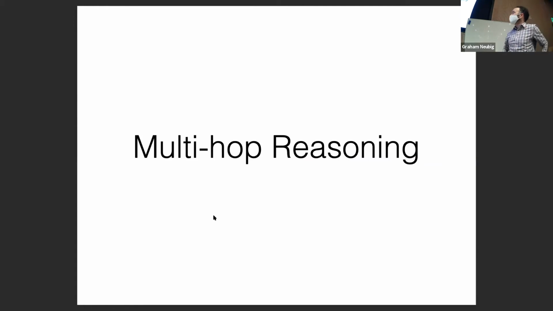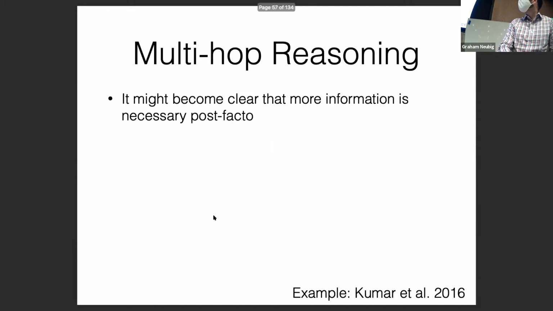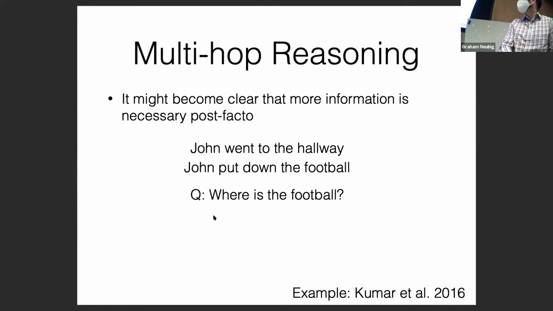Okay, so another big issue is multi-hop reasoning. Basically, after you've focused on a particular example, you might need to get more information. So if you have a question, where is the football?